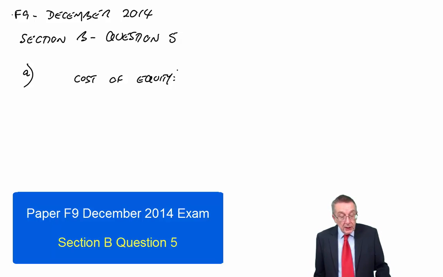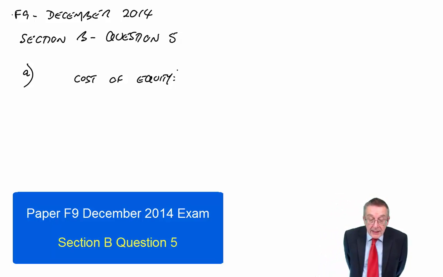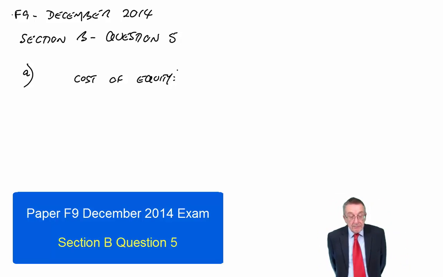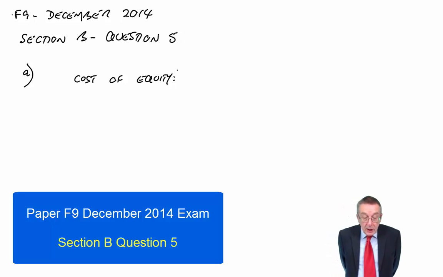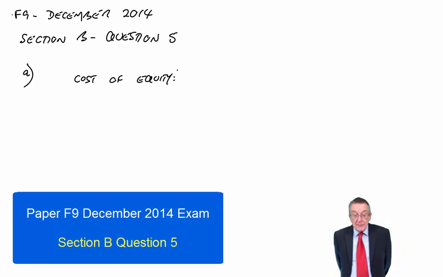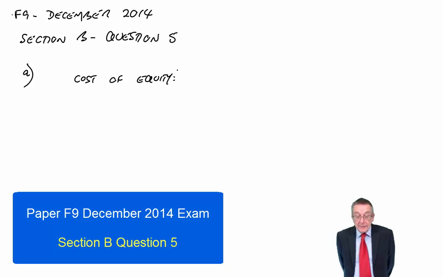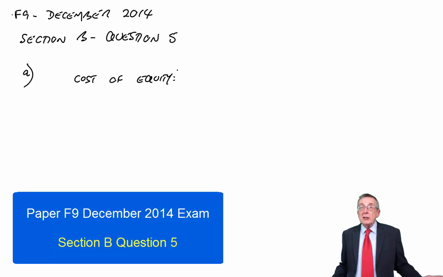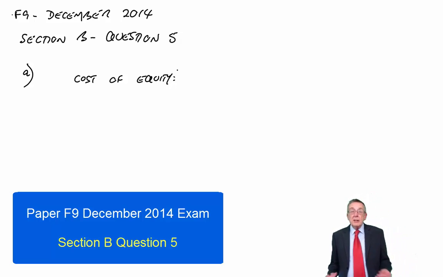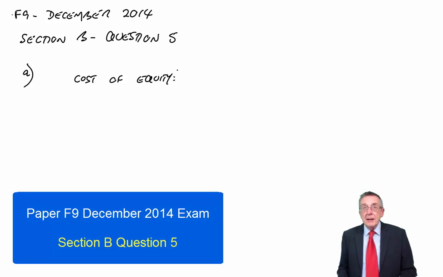So look at what we're told. We're given an extract from the statement of financial position there. The ordinary shares have a nominal value of 50 cents per share. They're currently trading on the stock market at an ex-div basis of 5.85 with an equity beta of 1.15. Now remember, when you're calculating the cost of equity, there are 2 ways he can ask you to do it.